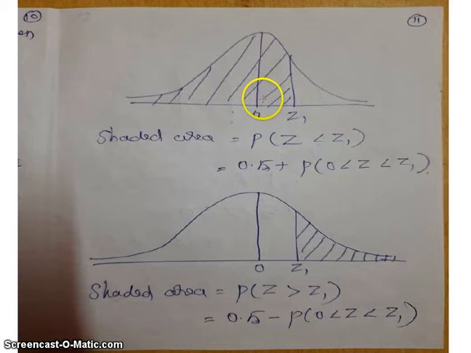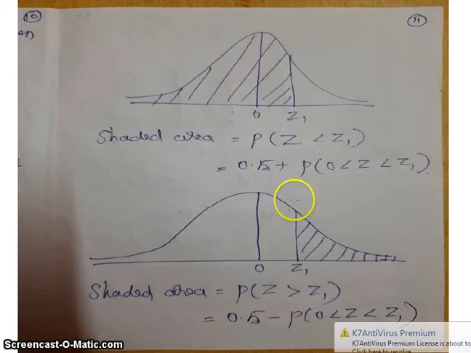So the entire left portion from 0 is 0.5, plus the area between 0 and z1, which is P of 0 less than z less than z1. Adding this to 0.5 gives the area less than z1.